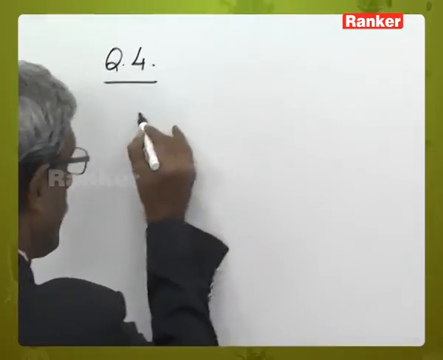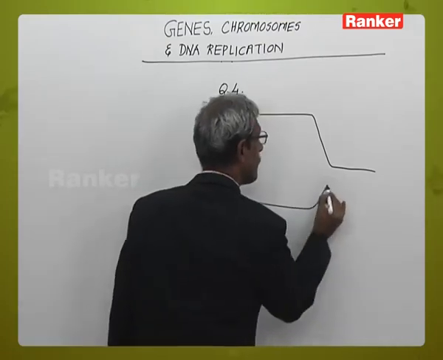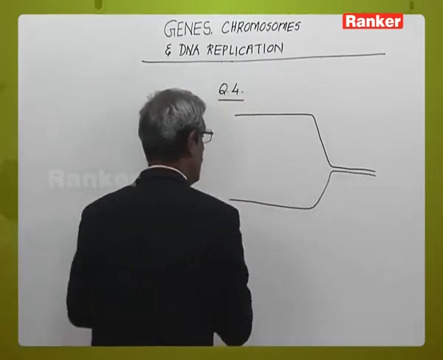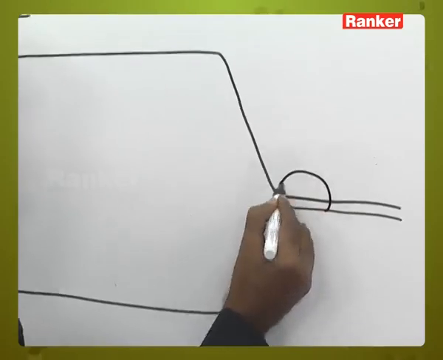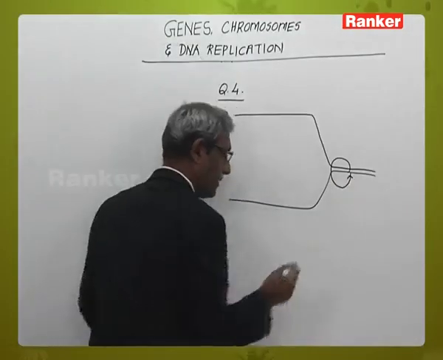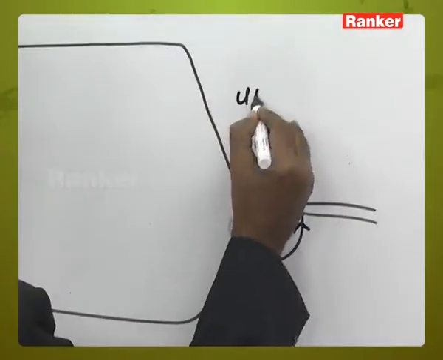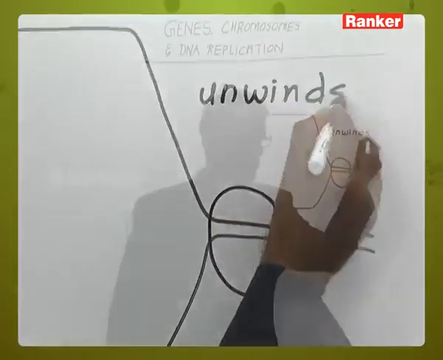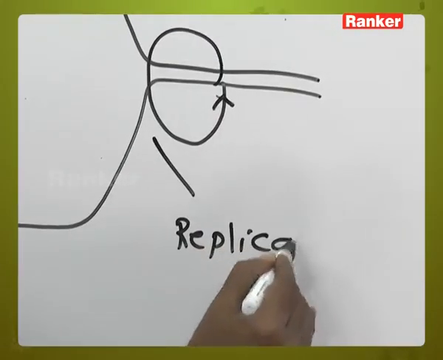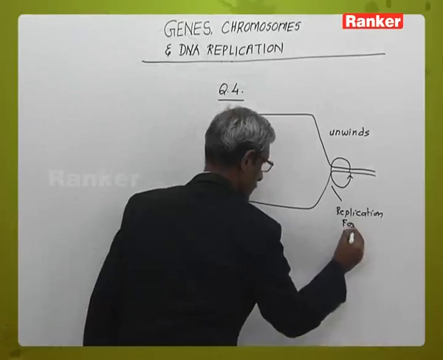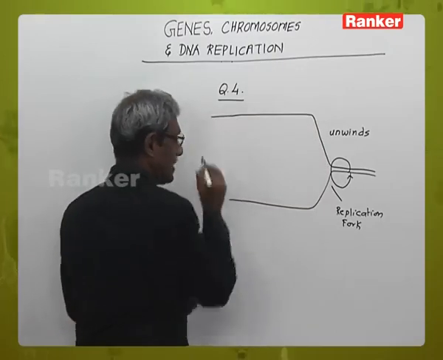Like, if we take a DNA and the DNA opens, this is unwinding. If it unwinds at a point which is termed the replication fork, as it turns, one of the strands gets formed continuously.